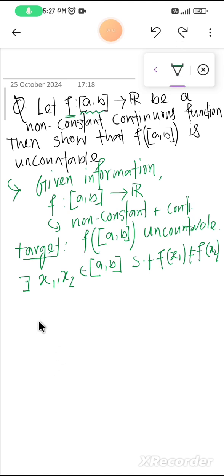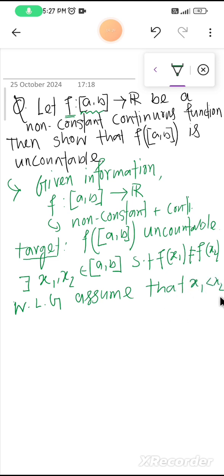Without loss of generality, we assume that x1 is less than x2. You can also assume that x2 is less than x1, whichever you like. So I assume that x1 is less than x2.